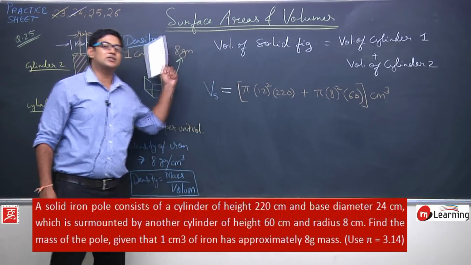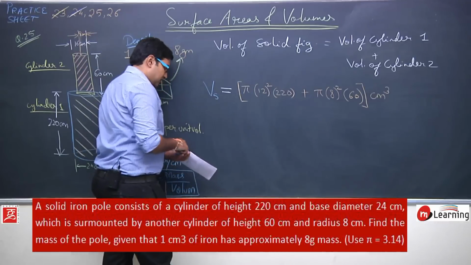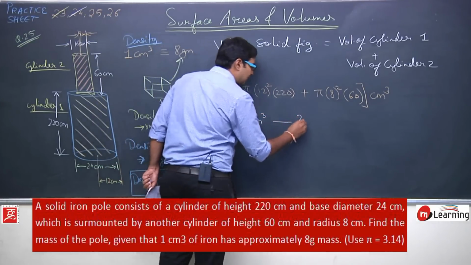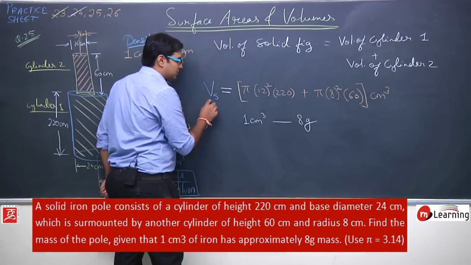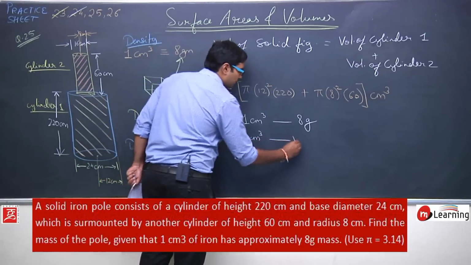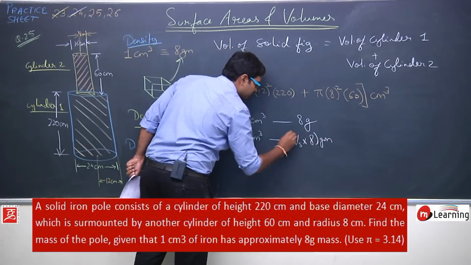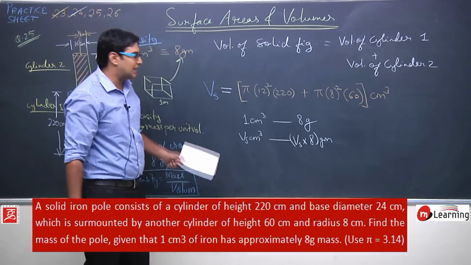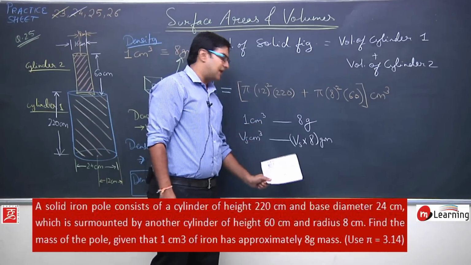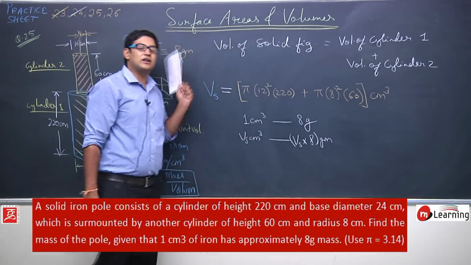Now what will be the mass of this solid figure? I can see that it says the mass of 1 centimeter cube of iron is 8 grams. So the mass of this Vs centimeter cube of iron will be Vs into 8 grams. So what is my task? My task is just to take the value of Vs and multiply it by 8 to get the mass of this iron figure.